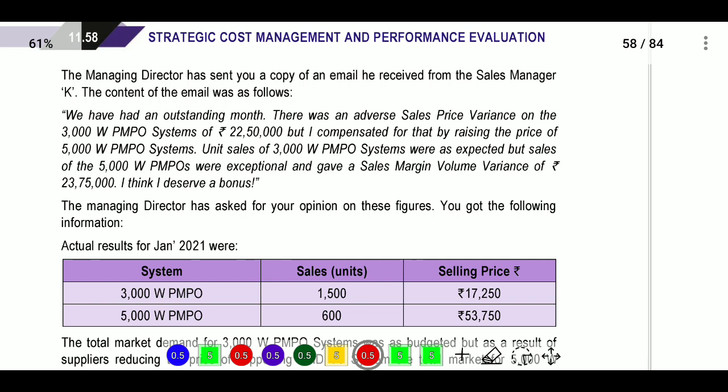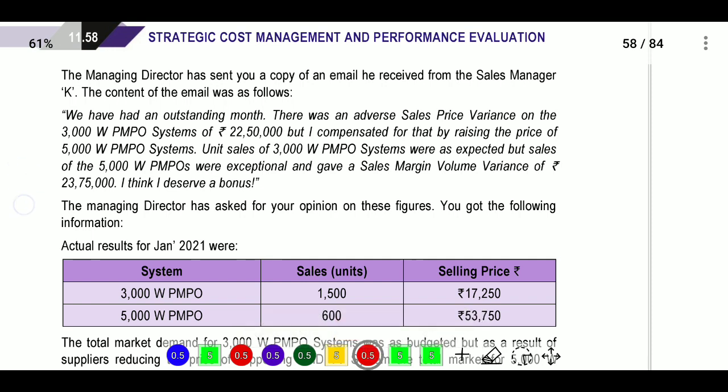Unit sales of 3000 W PMPO: 22,50,000 divided by 3000 we will get 750. What we have done is transfer this, compensated with 5,000 units.